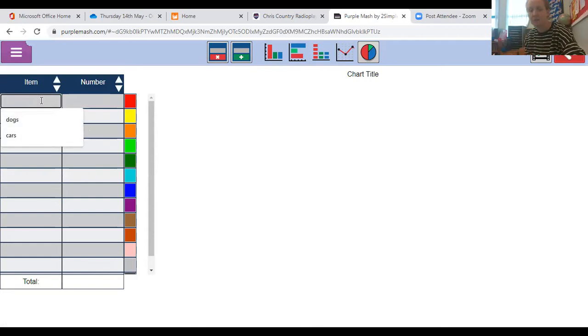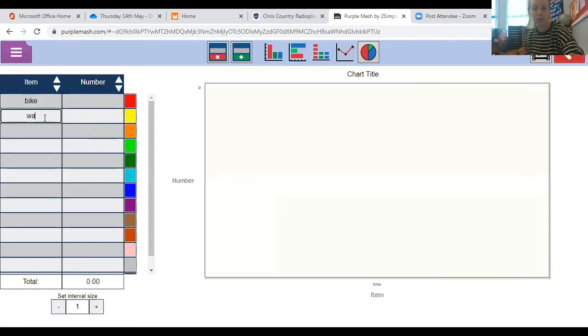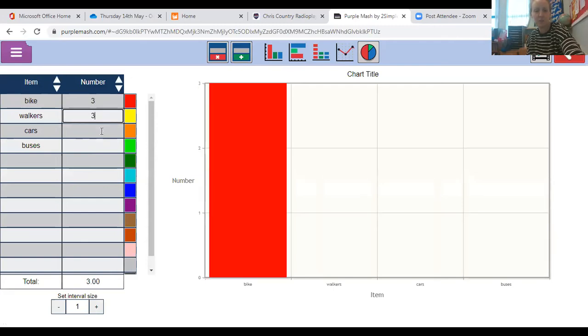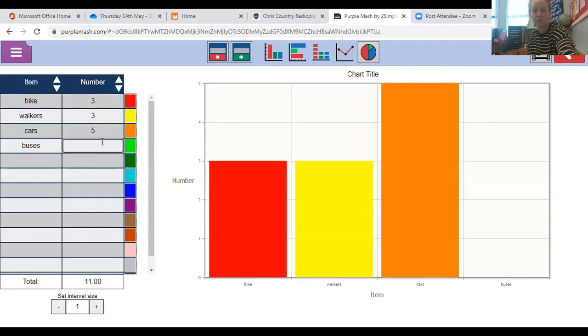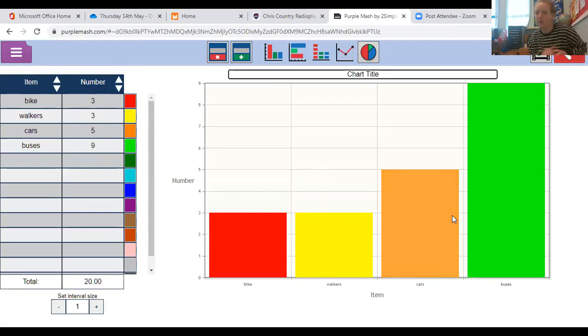So it might be traffic, let's say bike, walkers, cars, buses, whatever information you've collected, you put your number in there and it will start to build your bar chart for you. It doesn't have a title, so you have to add a title, and you can save that version as well to send to us.